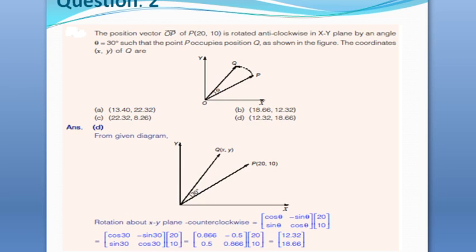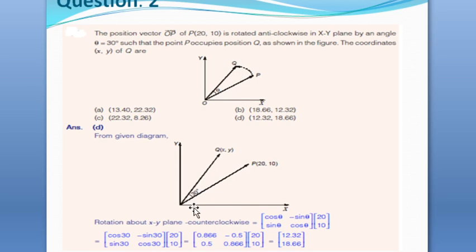The coordinates x, y of Q are? We have to find the coordinates of Q. The coordinate of P is given as 20, 10. It is rotated by an angle of 30 degrees. We can find the coordinate of Q.